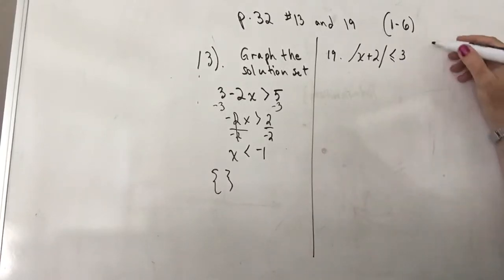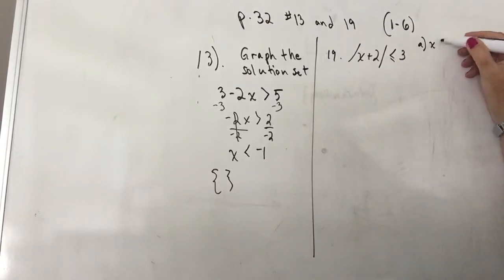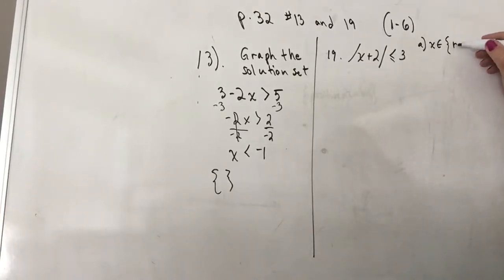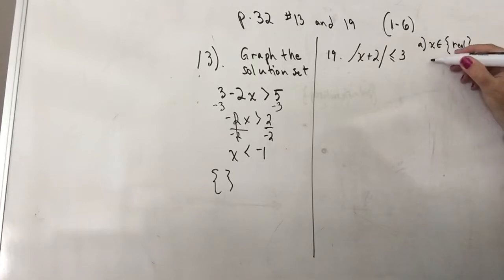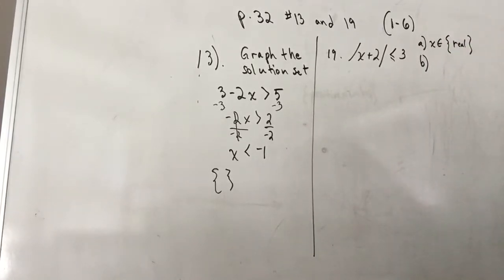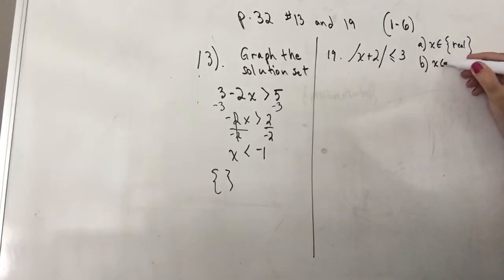A tells us to find x's that are elements of the set of real numbers. B asks us to find solutions of x's that are elements of the set of integers.